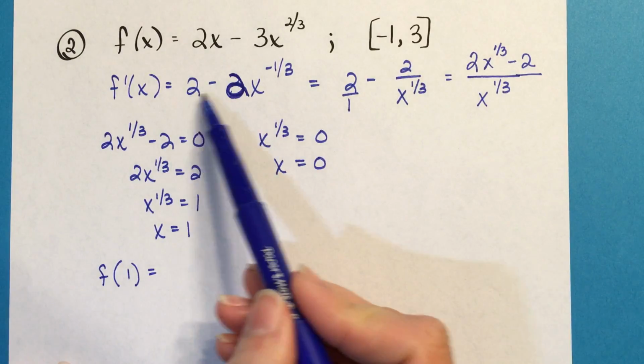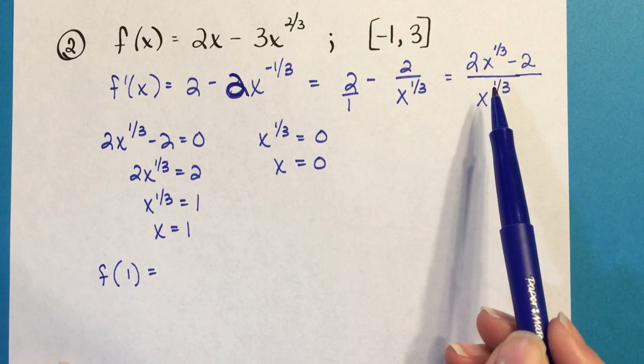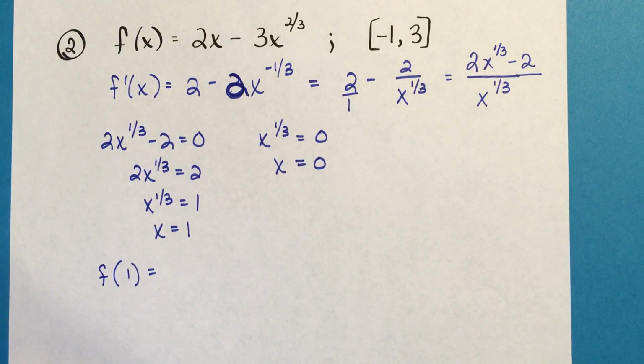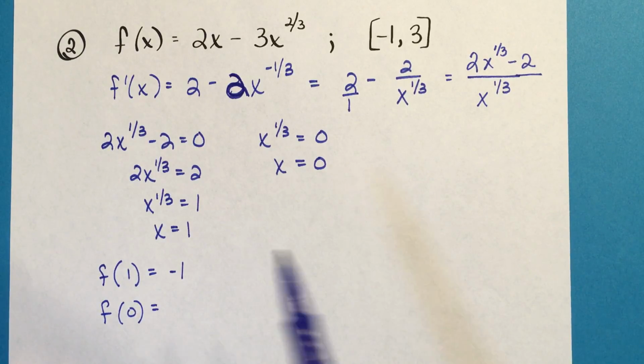Now, it doesn't matter whether you plug it back in here or down here, but f of 1 is going to end up giving me -1. And then do the same thing with 0. Now, I said that wrong a while ago, I'm sorry.